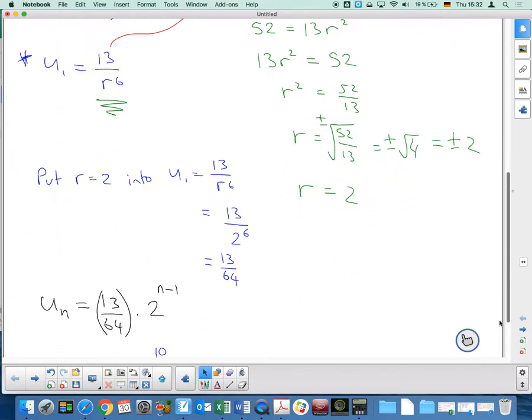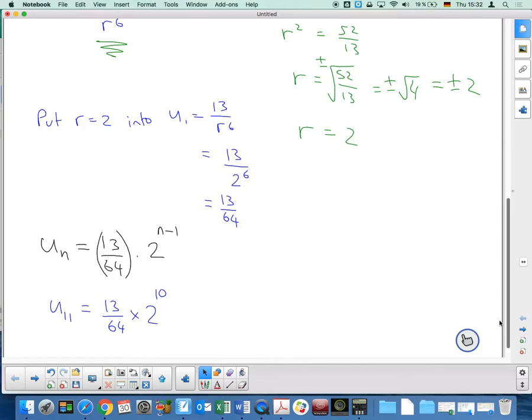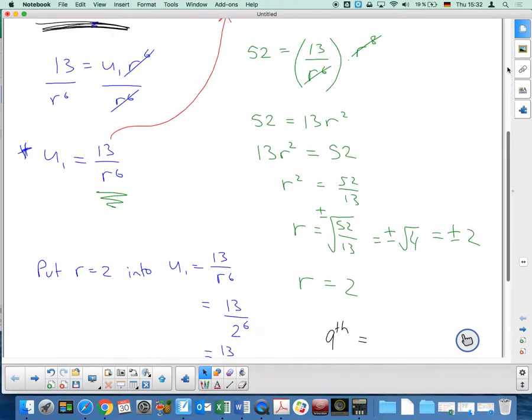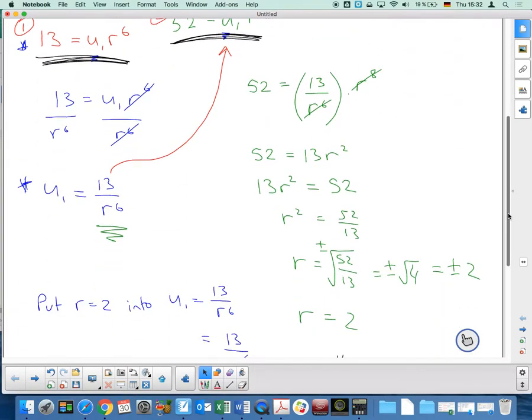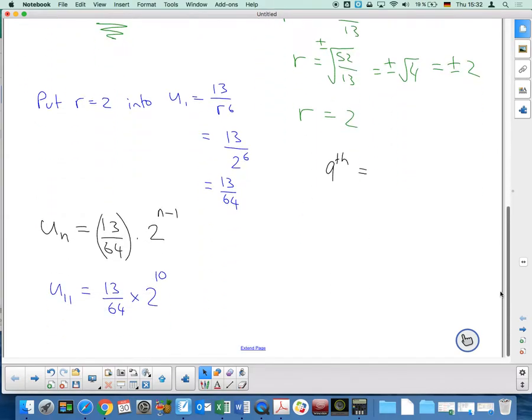Here it is here, r is equal to 2. So if I know what the 9th number is, which they gave me in the question, this is a bit annoying, I forgot it, let's go back and have a look. What is the 9th number? It was 52.